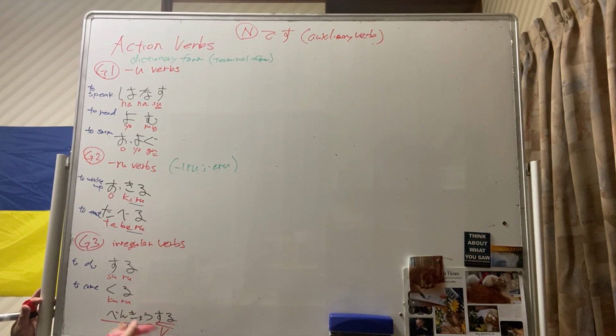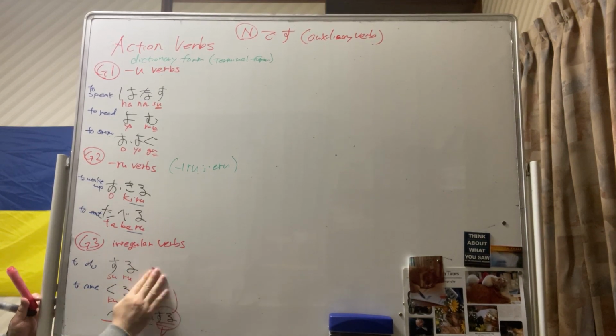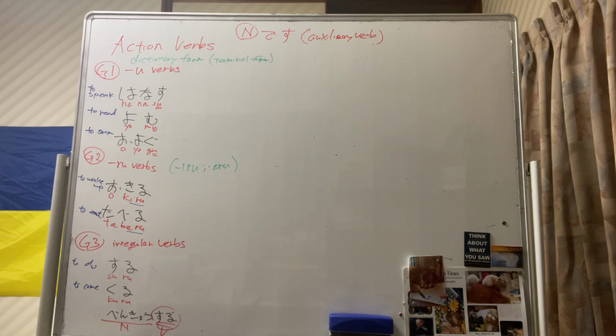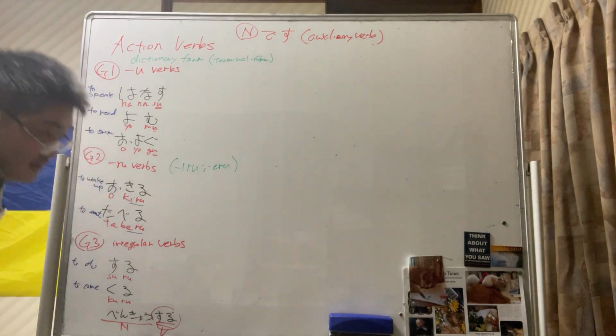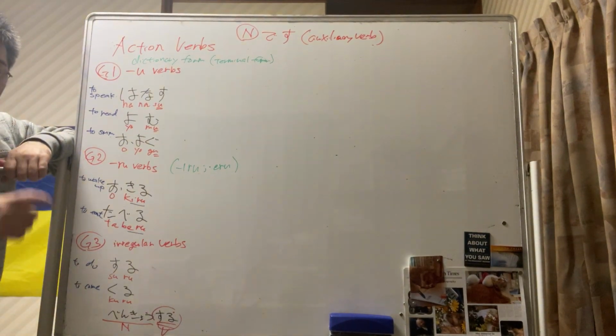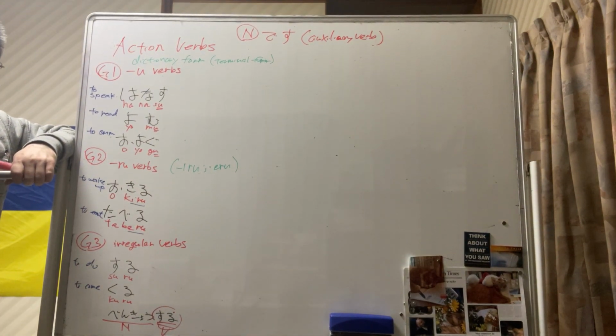So the conjugation happens here, the same as this. It's like in English, do the laundry or do the dishes. Japanese uses a lot of these combinations, the noun with the to do.